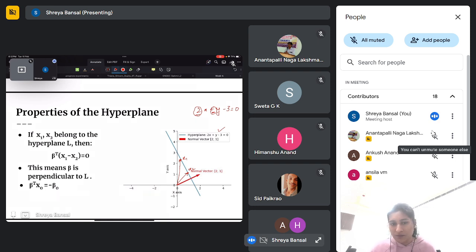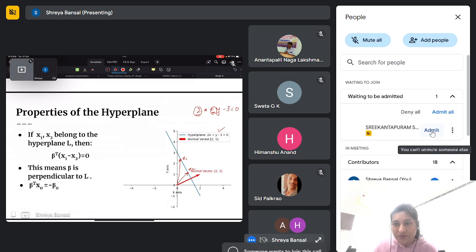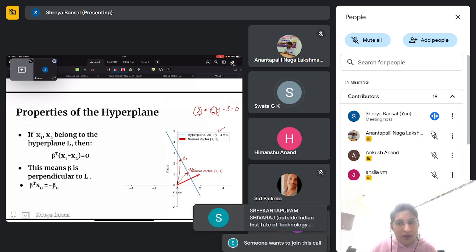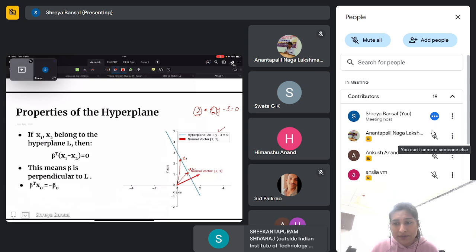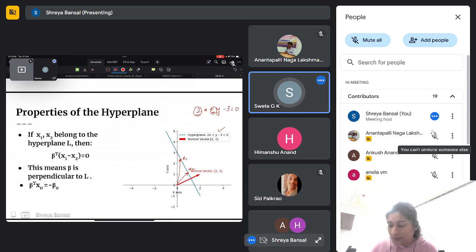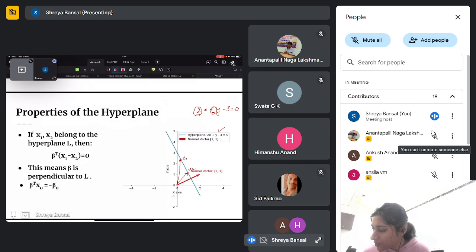In this form. I have joined the line from the origin to this point x1. Can you see these two lines? Yes, ma'am. Okay, the third line is the normal vector which is written.